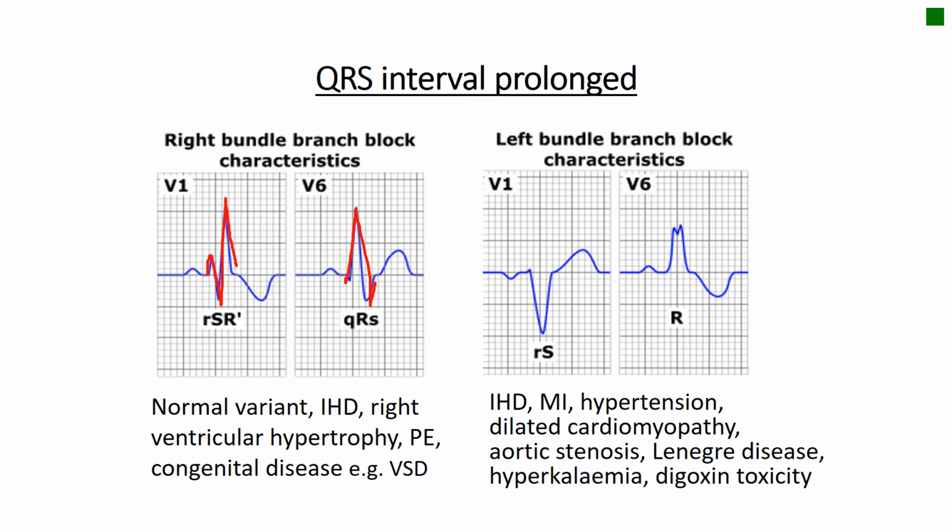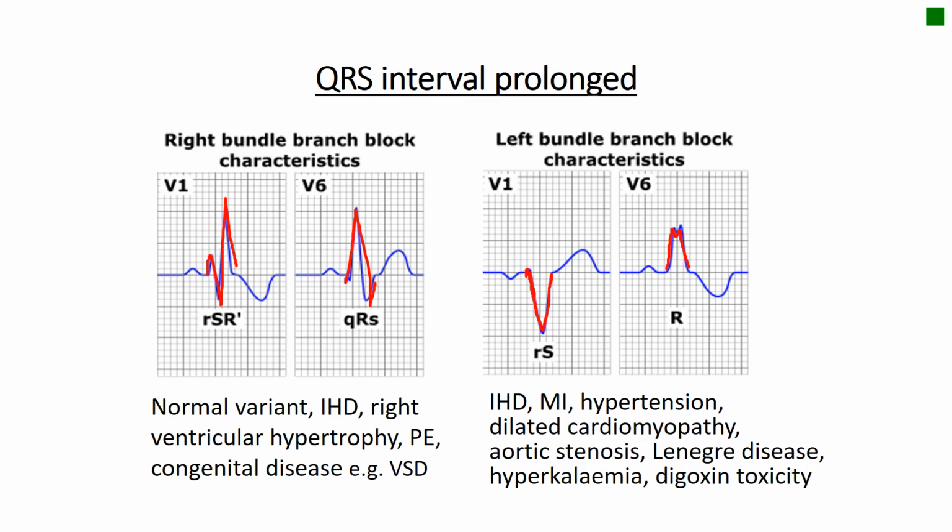In the left bundle branch, you get a deep R, you get a small little R and then a deep S, and then you get this M shape in V6, the Morrow sign as they call it, M for Morrow.